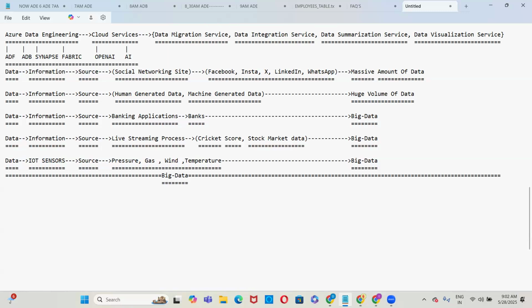So we can say the massive, huge volume of the data is called as what, guys? Big data. What are the types of big data we can have, everyone? The big data is broadly classified into three categories. What is that? The first one is called structured data.